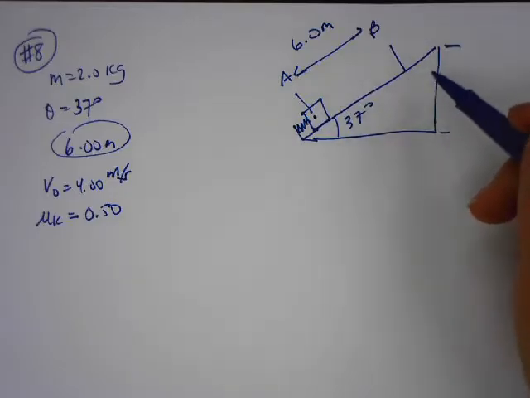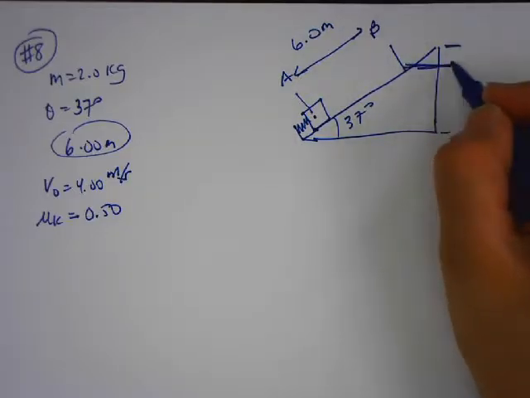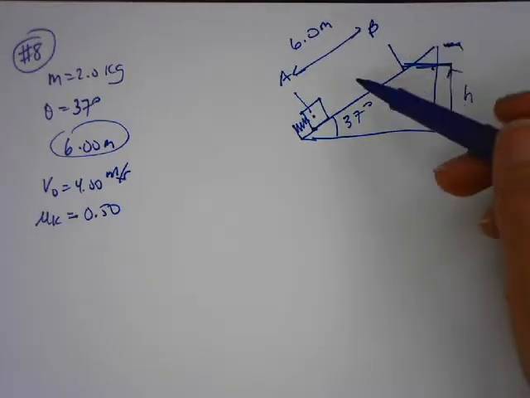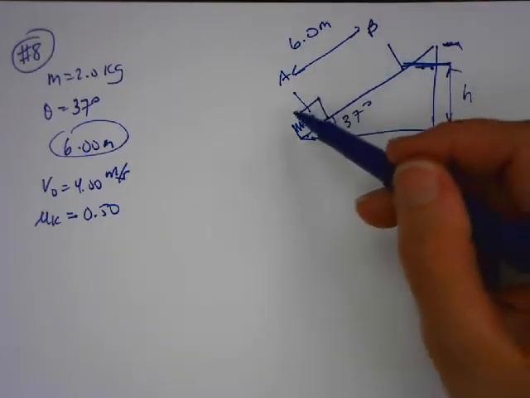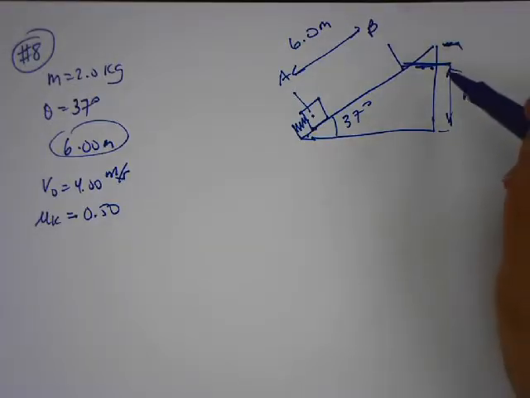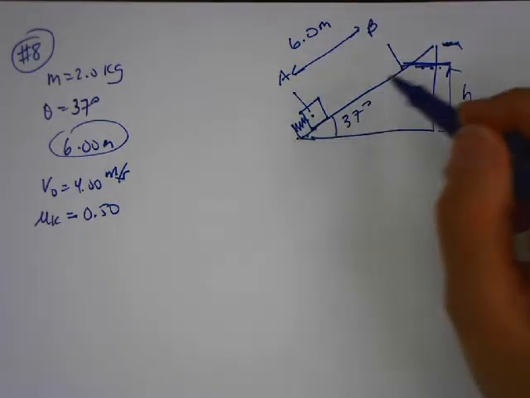So I'm going to do conservation of energy from A to B. So the total energy, I'm going to do the energy here and here. Now there's work done because they gave me mu, so friction. But I'm going to do conservation of energy from here to here.